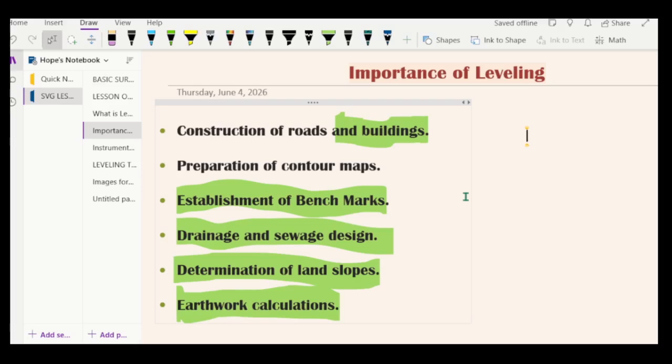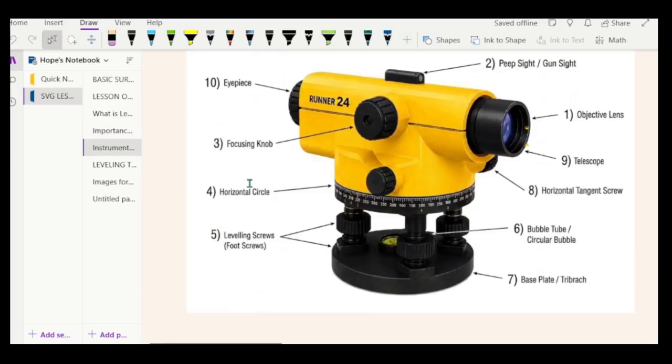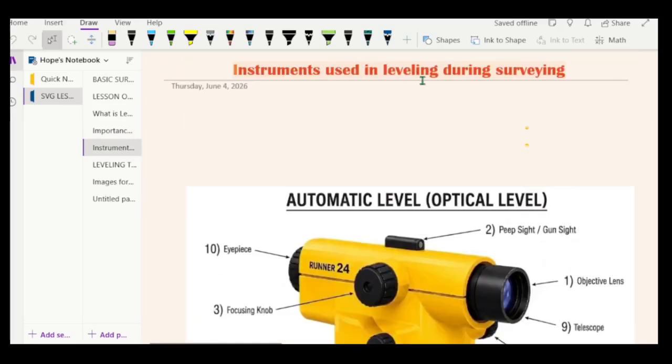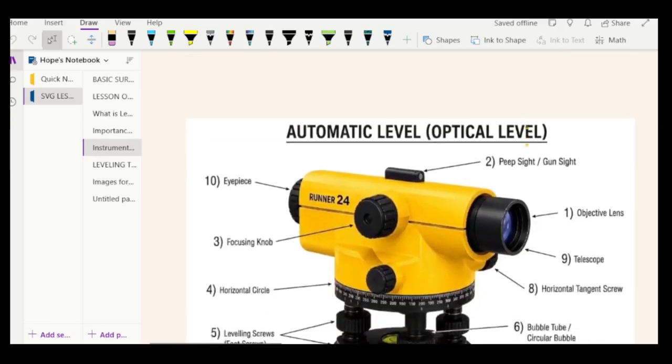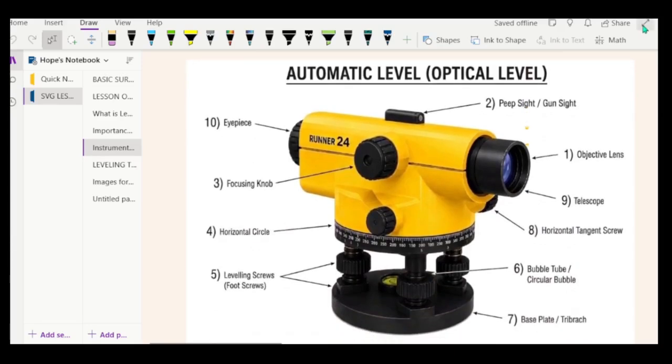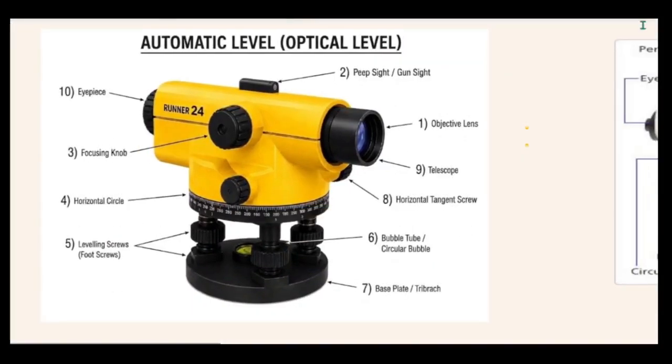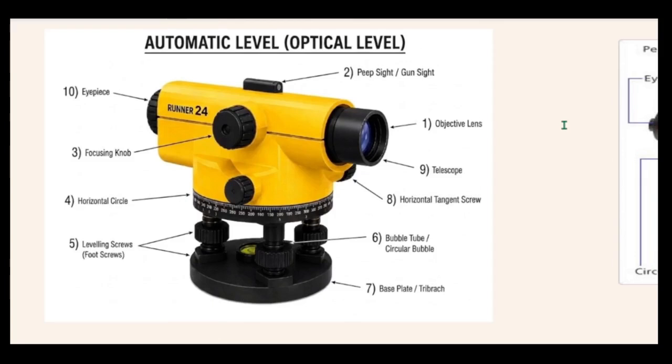All right, so let's move to something very nice, instruments used in leveling during surveying. The diagram you're seeing here on the board is called an automatic level or optical level.